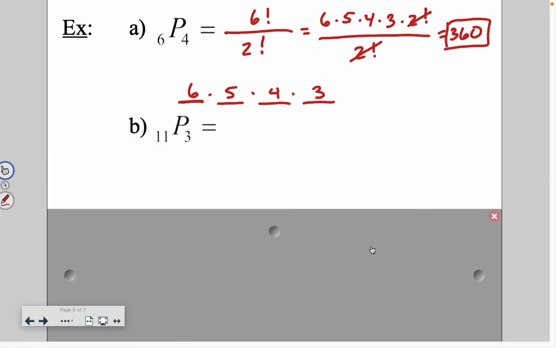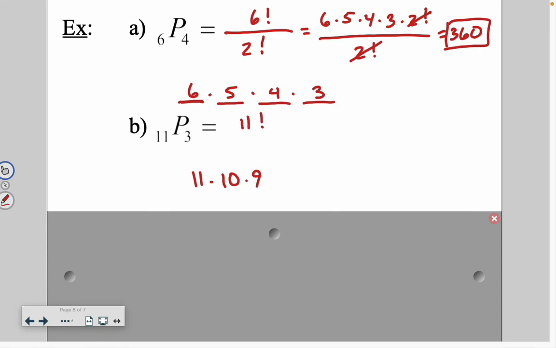How about the second one here? 11 permutations of 3. That means we've got 3 blanks and 11 things to go in there. You've got 11 times 10 times 9. If I show you the formula version to confirm that, the top number is going to be 11 factorial.